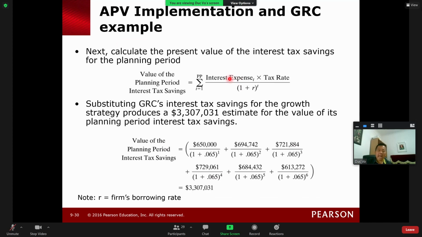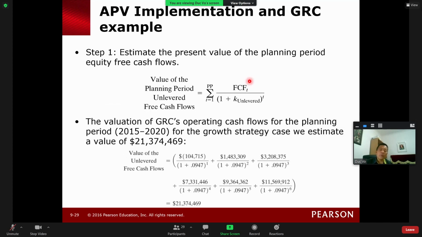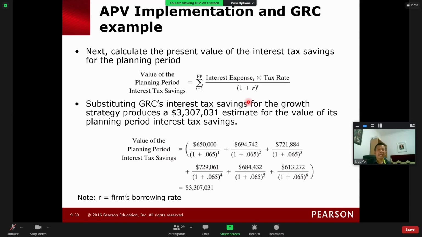The interest tax saving here is the interest expense times the tax rate. And the discount rate will be the cost of debt. I say again, the first component, you use the cost of equity as the discount rate. The second component, you use the cost of debt as the discount rate. So be mindful of that, okay?